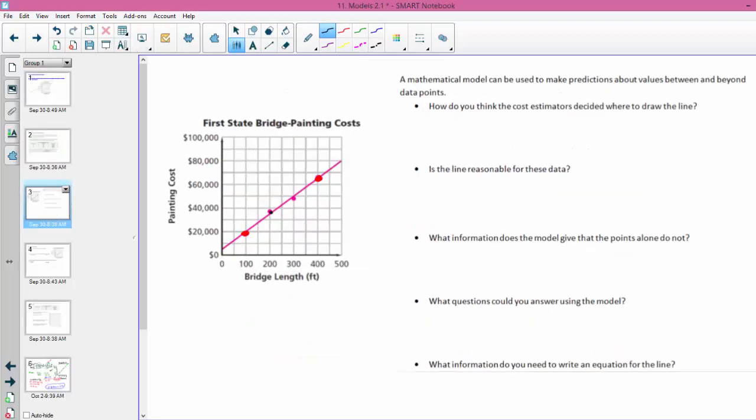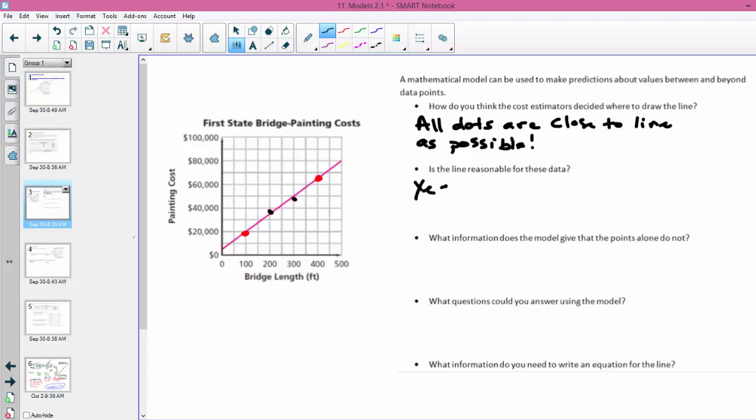The distance from the dot to the line, so this distance going out to the dot, is the smallest possible. So all dots are as close to the line as possible. And this line does look reasonable.